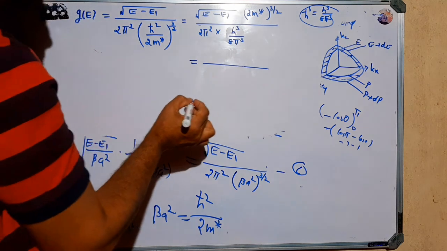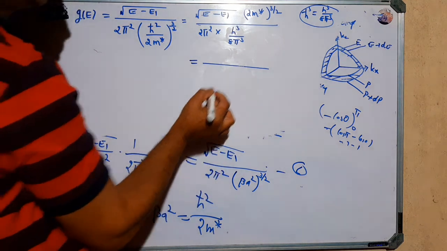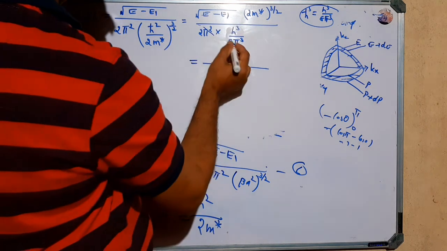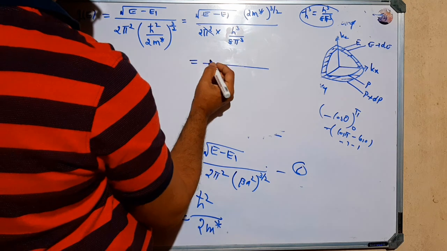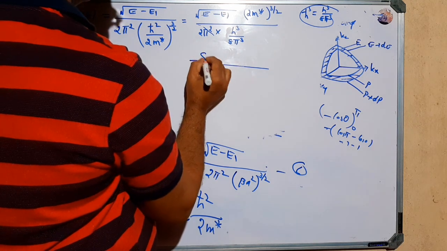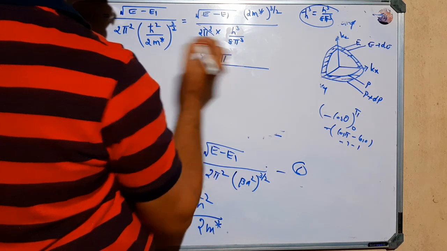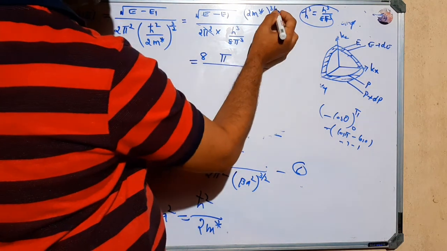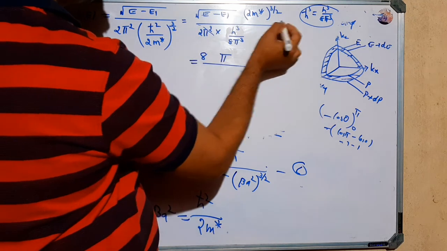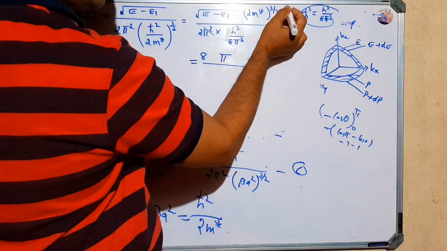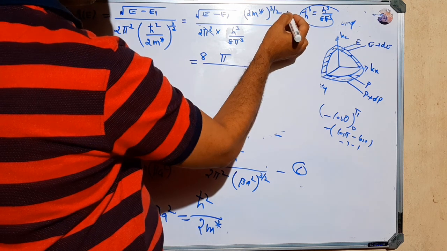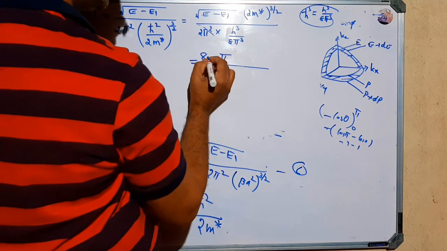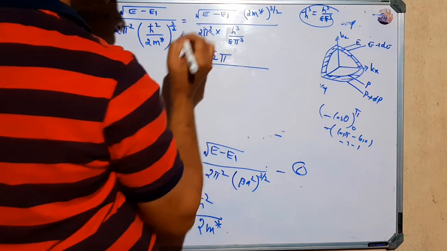So here what happens now? Pi square gets cancelled. Remaining is 8 pi, right? 8 pi comes to the numerator. See, 2 to the power 3 by 2 divided by 2, that is 2 to the power 3 by 2 minus 1, that is, what happens? 1.5 minus 1, half remains. That is 8 root 2 pi.